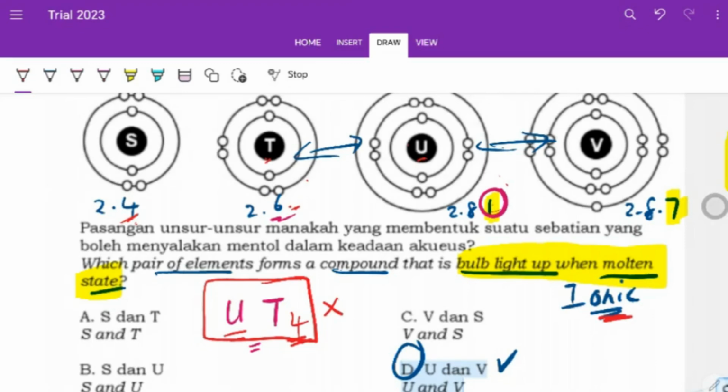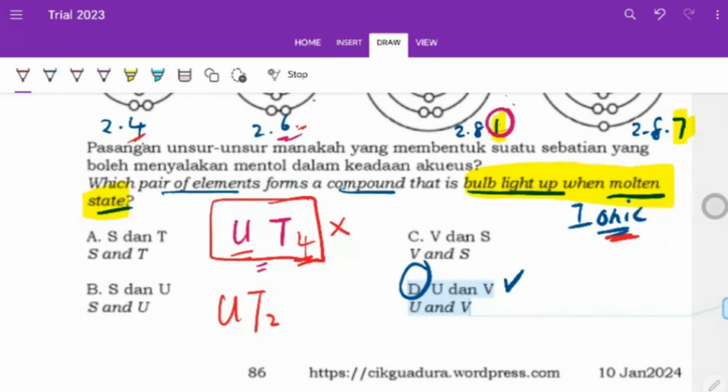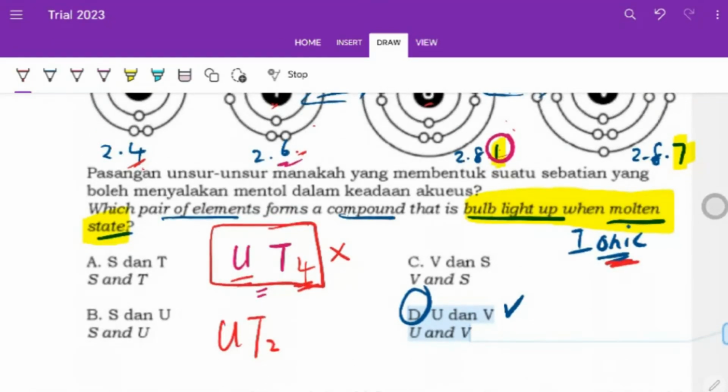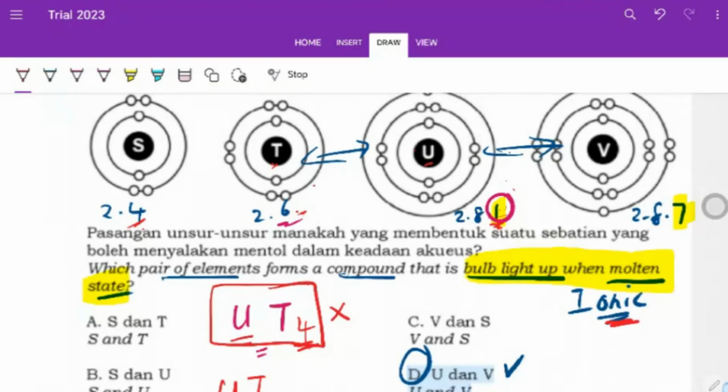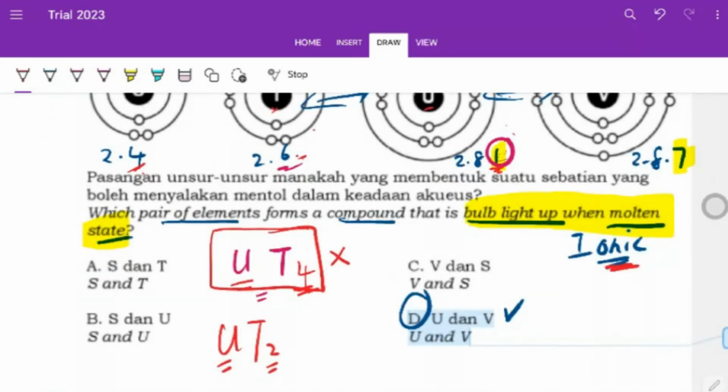If U and T, how is the formula formed? UT2. Okay, very close already. If U loses 1 valence electron, it is received by the T. But if UT2, meaning T needs 2 electrons, here only 1, so not enough.